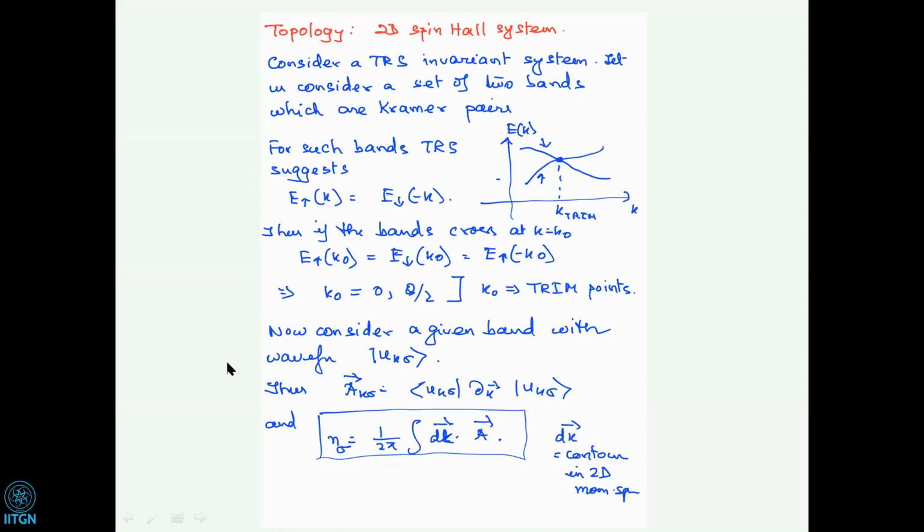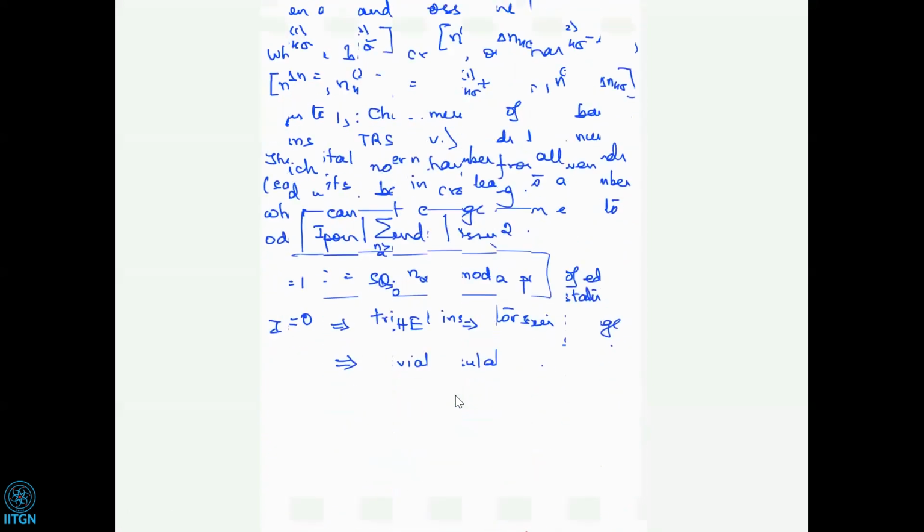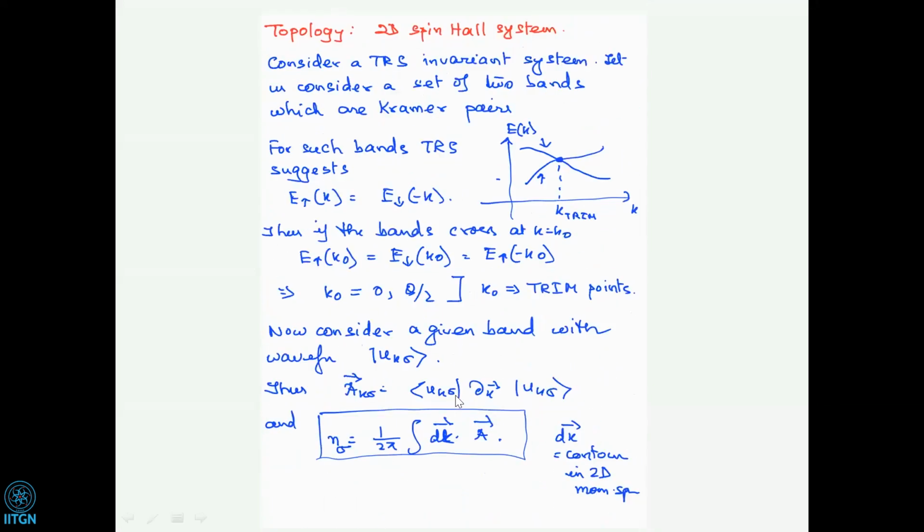Now let us take a band and have its wave function, which is, let's say, u_{K,sigma}. Sigma can be up or down, and correspondingly we can construct a Berry potential, which we discussed in previous classes, which is just u star del K of u.